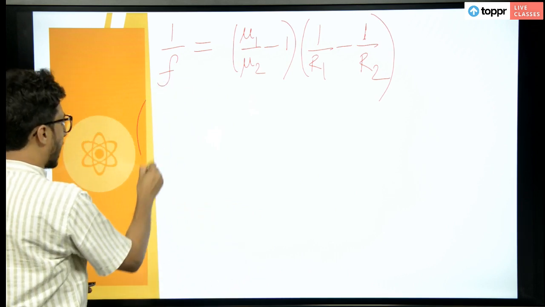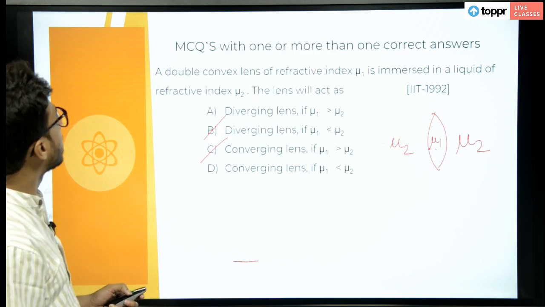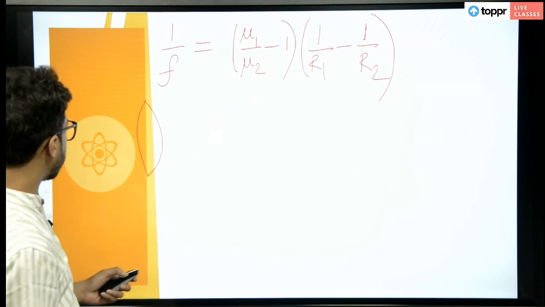Now, it is said it is a biconvex lens, a double convex lens, fine.